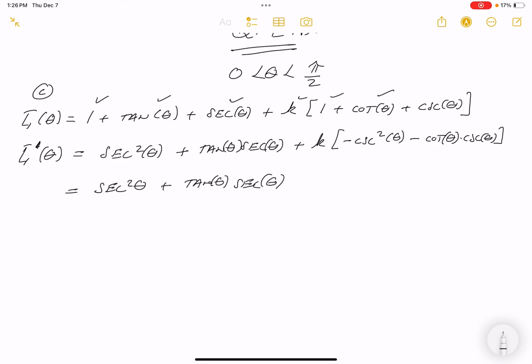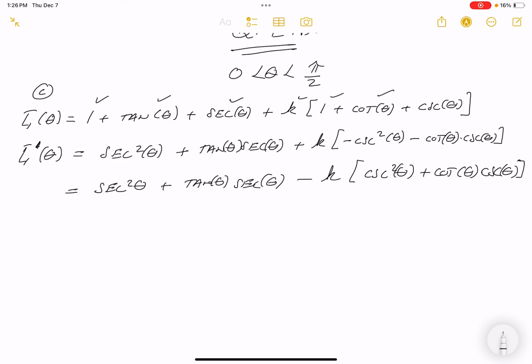Not sure if it's going to lead anywhere. Minus K, factor out minus 1. And then you get cosecant squared theta plus the cotangent theta cosecant theta. This is a long problem, isn't it? This was a competitive exam. It'd be tough, I'll tell you, at least for me, because there's a lot of tedious things that can make a mistake on.